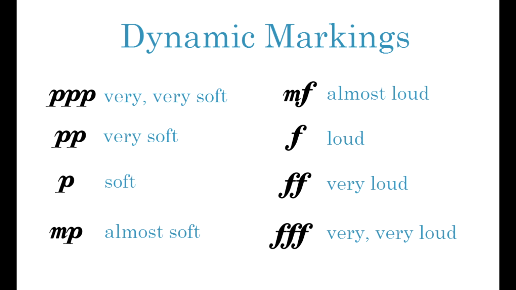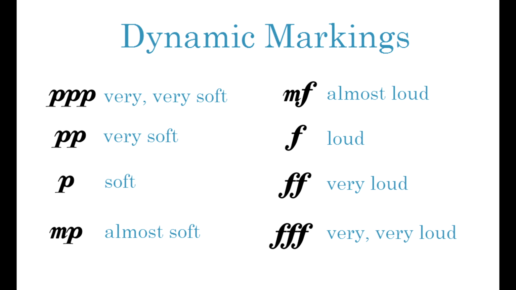PP stands for pianissimo, which means very soft. P is piano, which means soft volume. MP is mezzo piano, which means medium soft. MF means mezzo forte, medium loud.